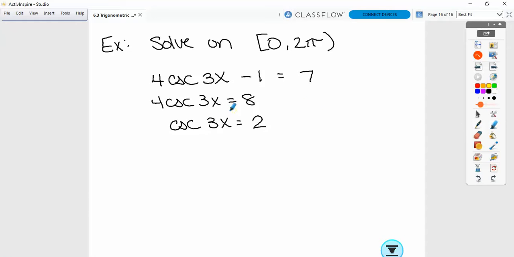Let me ask a couple questions. First of all, what does the 3x tell me? Yeah, we will have triple the solutions.